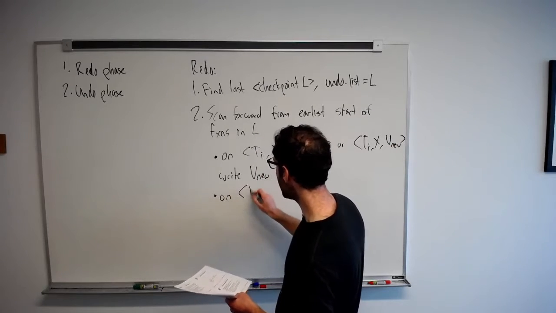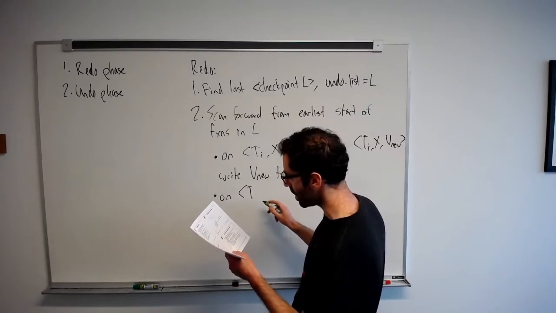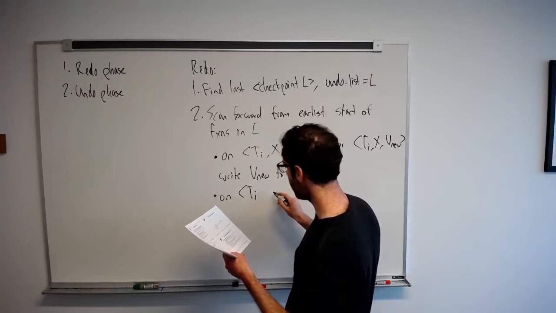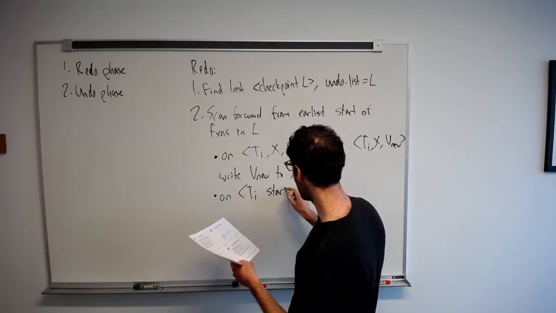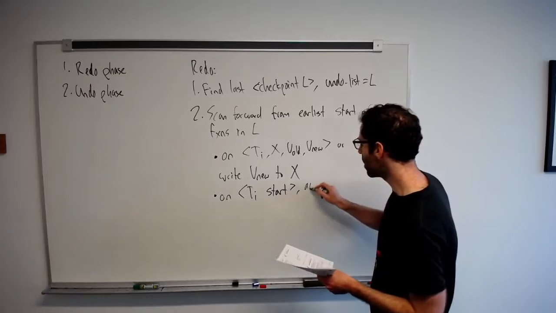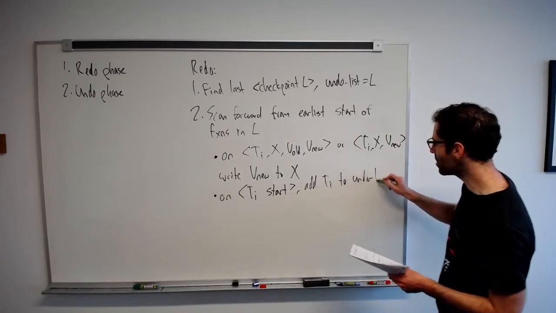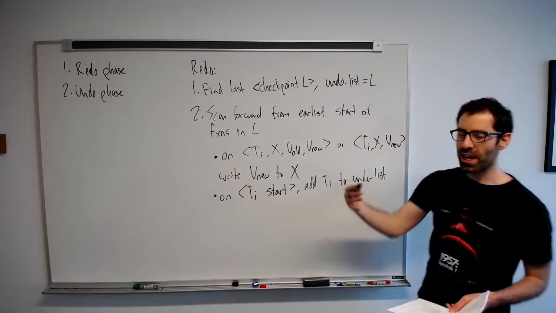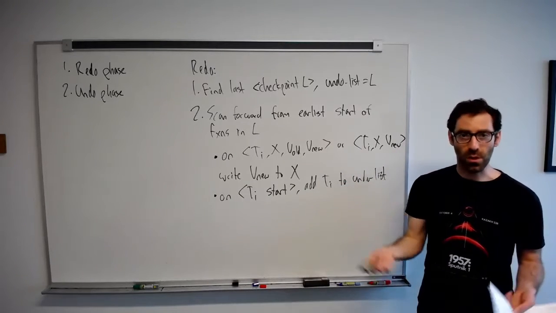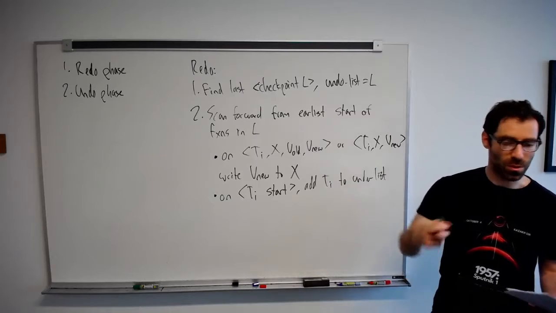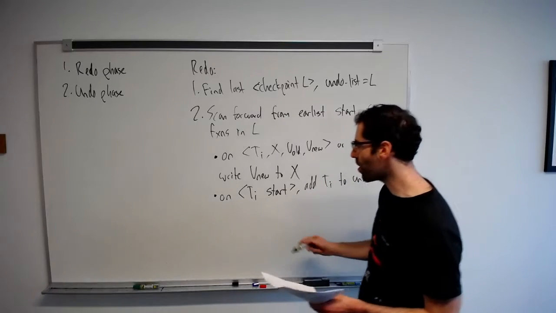If we see some T_i start, we're going to add T_i to our undo list. So if we see anything that started after the checkpoint, that's also something that we might need to undo that was interrupted by this crash.